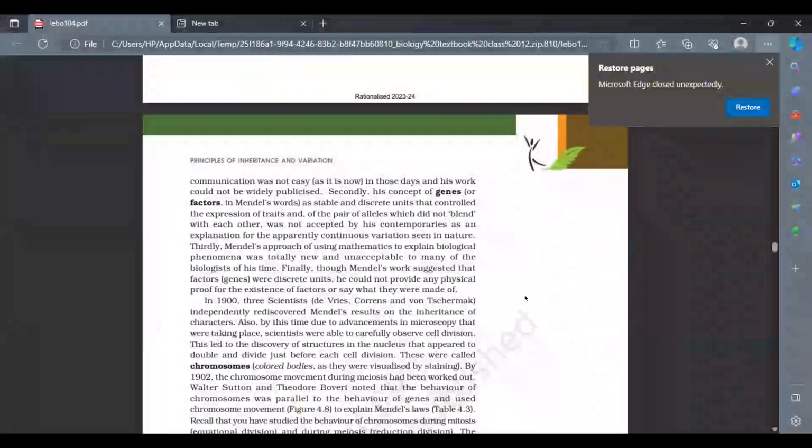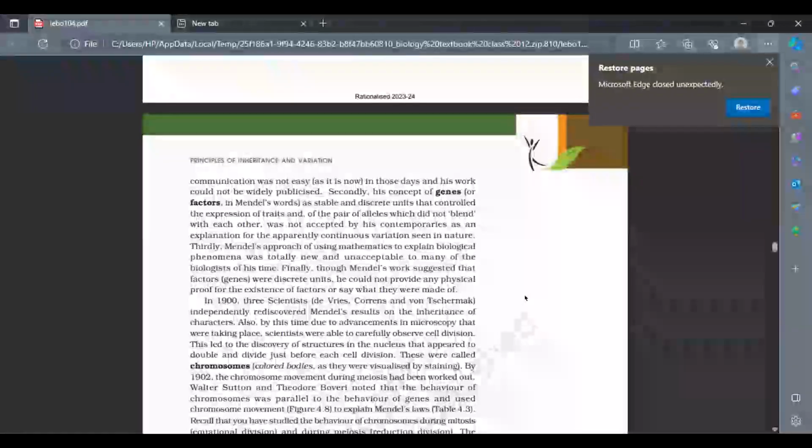Now, the work of Mendel was interestingly more of a theoretical work. He was doing the experiment and putting all the theory, but as such, there was no very proper evidence for those works. Also, Mendel for the first time started using mathematics to explain biological phenomena.